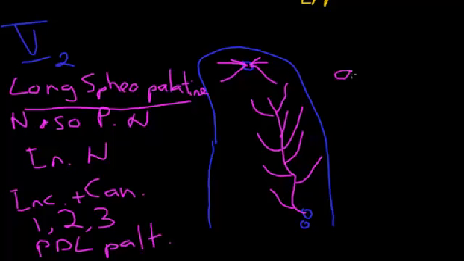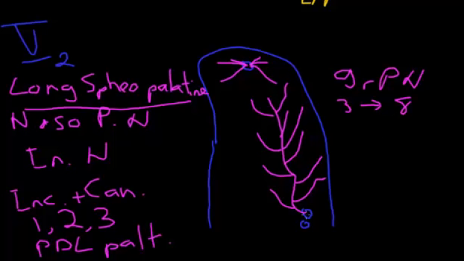It comes out of the greater palatine foramen. This nerve supplies the gingiva on the palatal side and the palatal mucosa of the region from 3 through to 8. So in other words, premolars and molars.